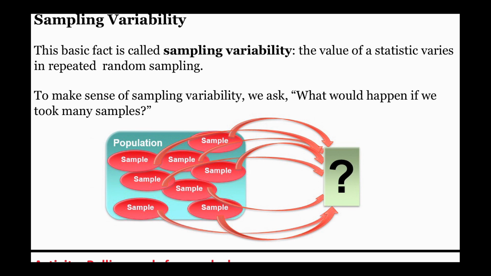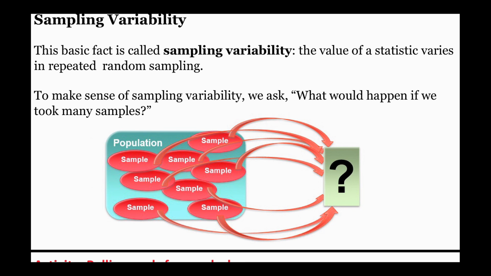Now I know we can't do that. It's not possible, but that's our ideal. So as you get closer and closer to an infinite number of samples, you'll get closer and closer to the true answer, the true parameter.